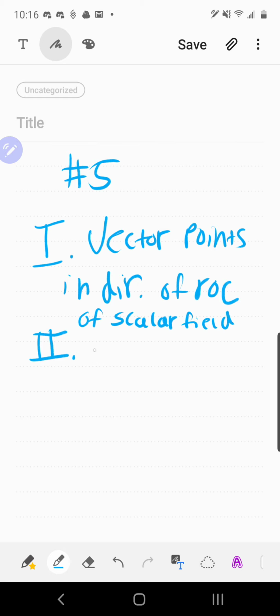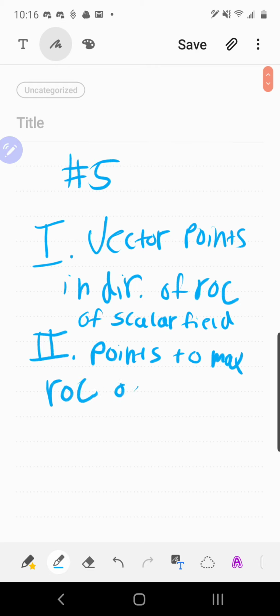Number two, a vector that points in the direction of the maximum rate of change of a scalar field.